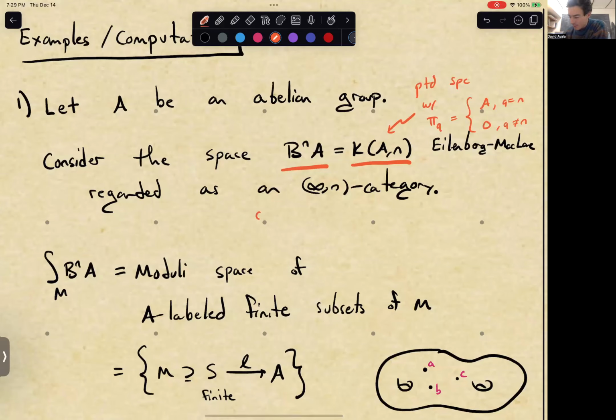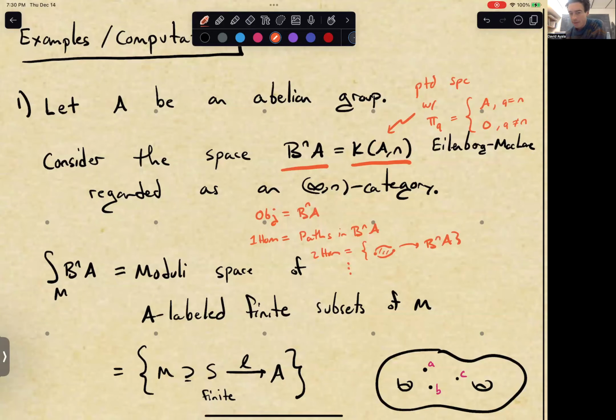The space of objects is BnA, and the space of one morphisms is the path space, and the space of two morphisms is the space of maps from a two-dimensional disk into BnA, etc. So there's a natural way of regarding every space as an infinity n category, and it will always be rigid, it turns out.